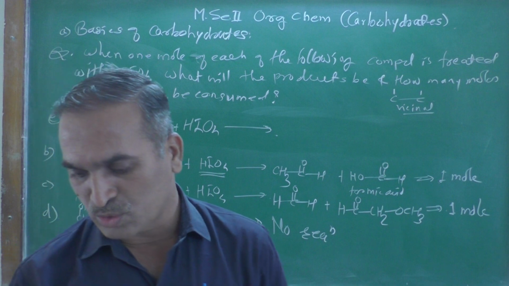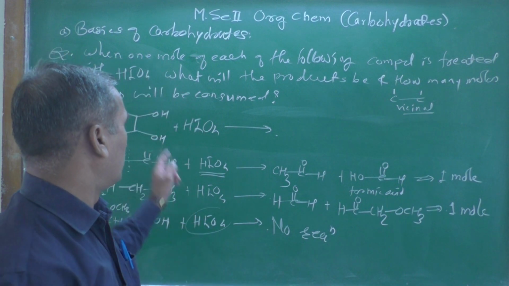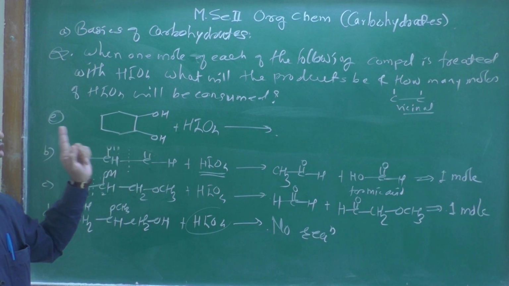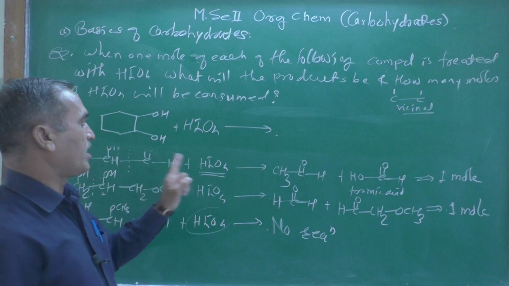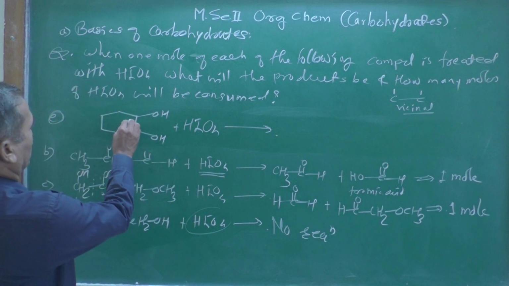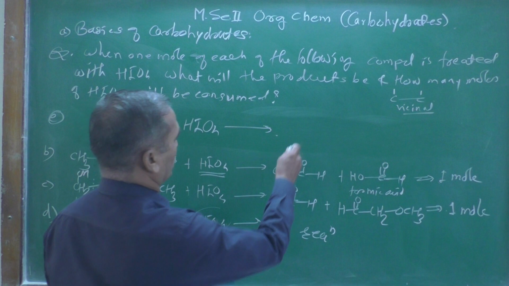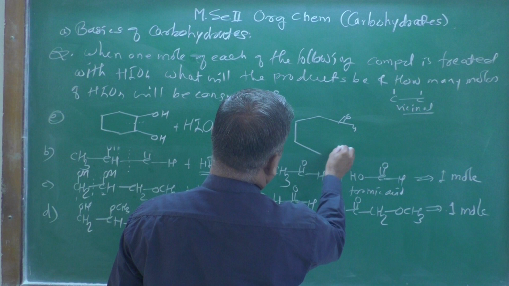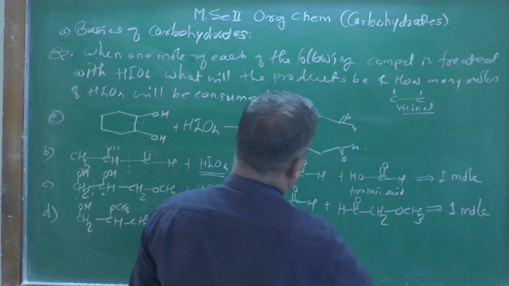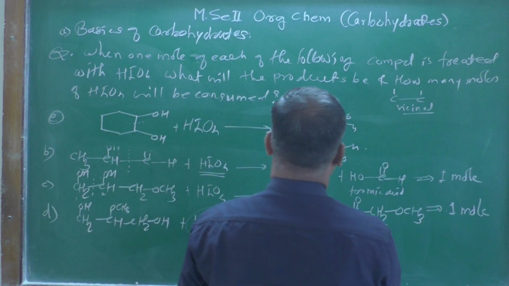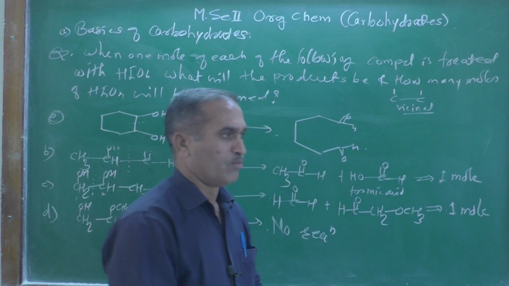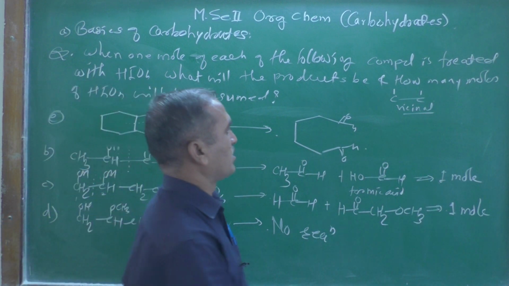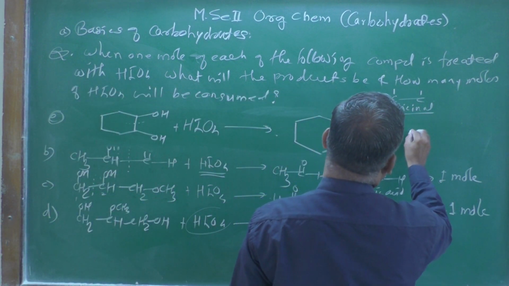Yes, a reaction is going to take place because the hydroxyl groups are present at the 1,2 position, meaning they are a 1,2-diol, and therefore the reaction will definitely occur and the bond is going to break. On one side we get an aldehyde group, on the other side another aldehyde group, so this is the product, a 1,6-dial.